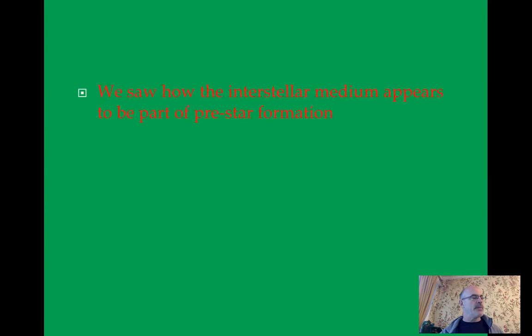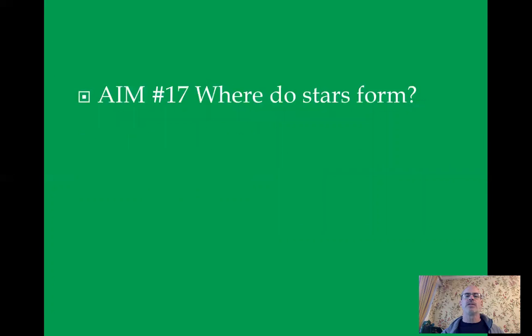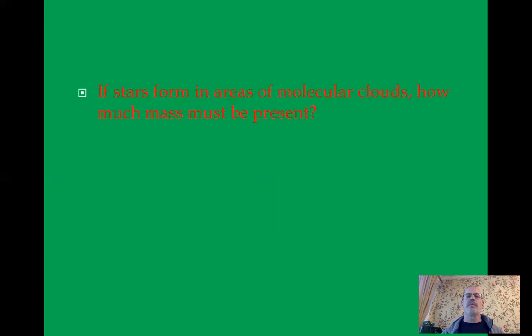Okay, so we saw how the interstellar medium appears to be part of pre-star formation, but how can we be sure? So today's aim is: where do stars form? If stars form in areas of molecular clouds, how much mass must be present?